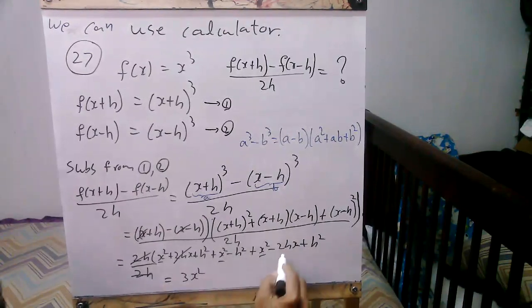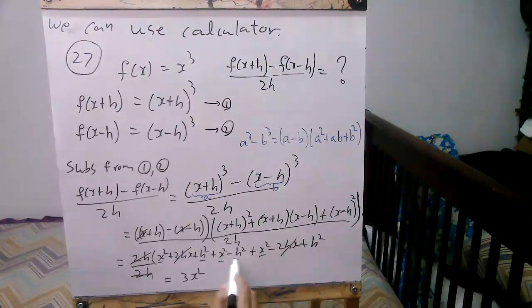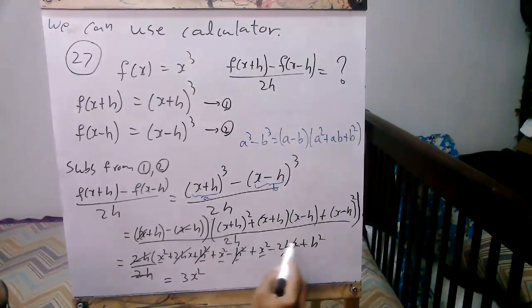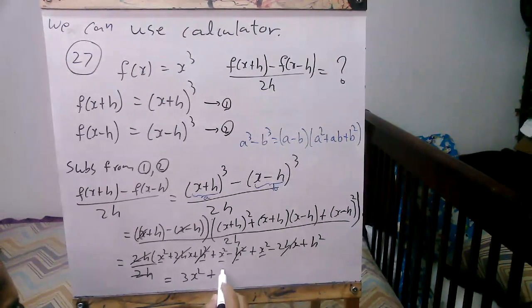Plus 2hx minus 2hx cancel out, h squared minus h squared. These two cancel out and we get 3x squared plus h squared. Okay, that's the final answer.